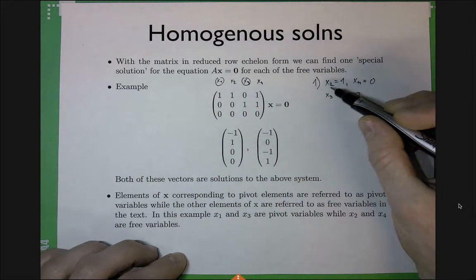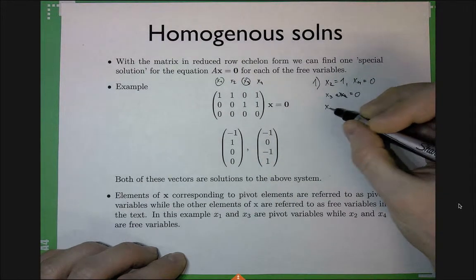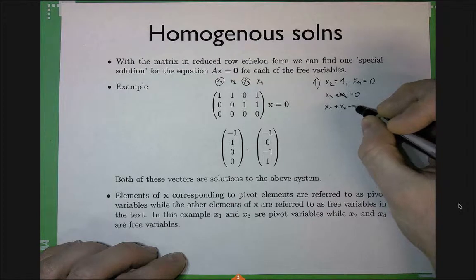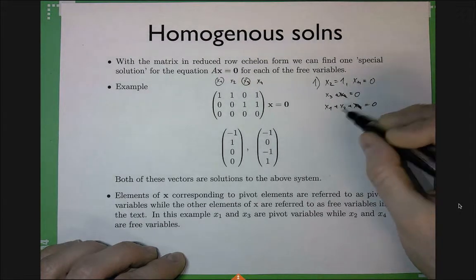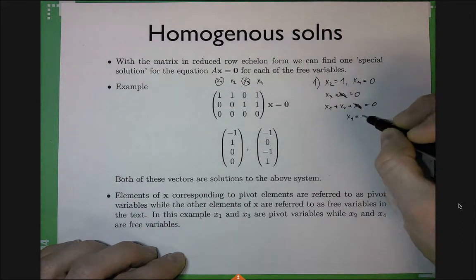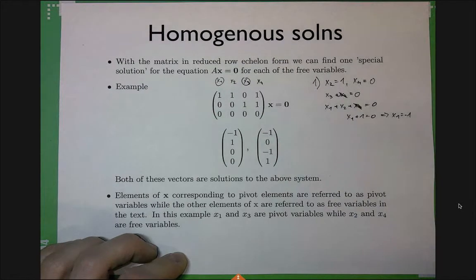So now I know x2, x3, and x4, and I plug it into the first equation. The first equation says that x1 plus x2 plus x4 is 0, right? But x4 is 0 and x2 is 1. So this says that x1 plus 1 is 0, which means that x1 is clearly minus 1, right?